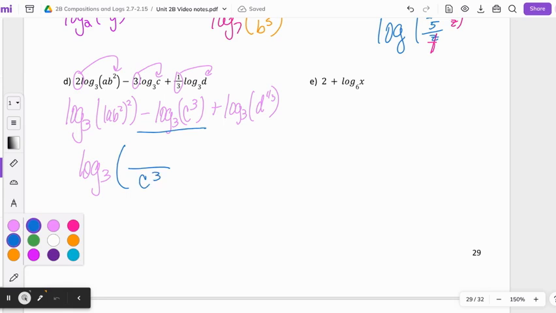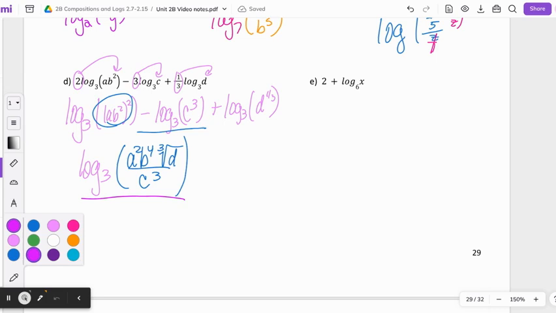The other two get multiplied up top. Now, we can deal with these different ways. I would probably square that whole thing, so make it a squared b to the 4th. And then you can leave this as d to the 1/3, or we could write it as the cubed root of d. This would usually show up in multiple choice type questions, so you would look for one variation of them. But recognize, d could be d to the 1/3 or the cubed root of d.